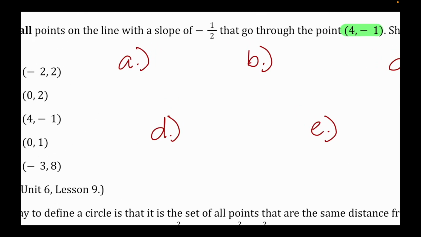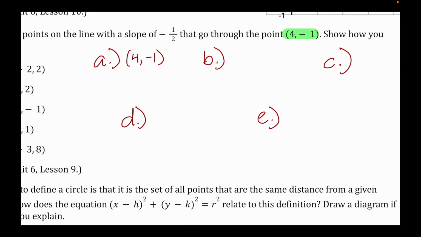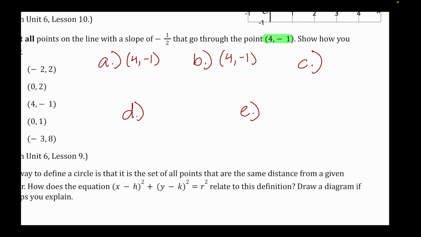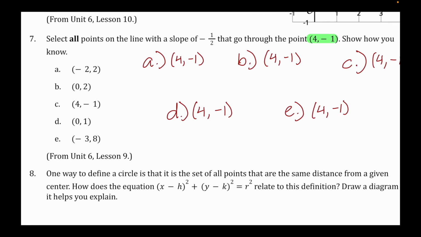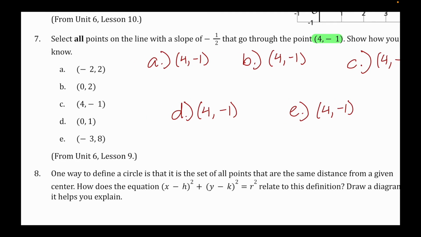So starting out here, for -1, I'm just going to write that for all of these first. For -1, for -1, for -1, for -1.